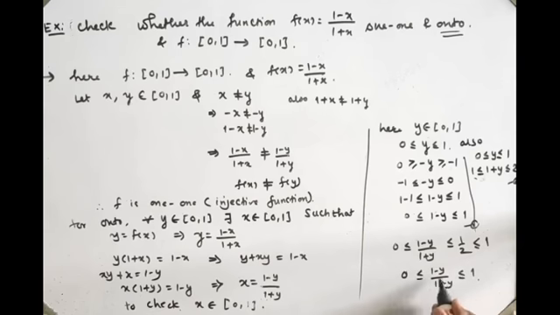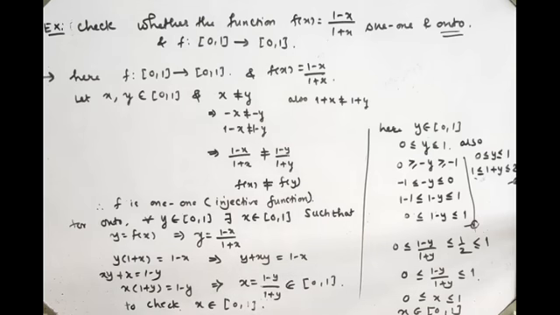This value is nothing but the value of x. So 0 less than or equal to x less than or equal to 1 means x belongs to 0 to 1, means x belongs to closed interval 0 to 1. Means here x belongs to 0 to 1, so what do we say? f is onto.